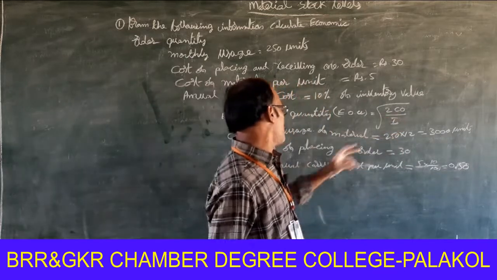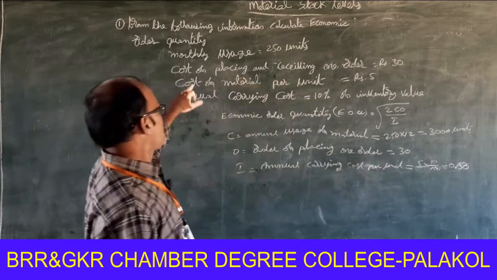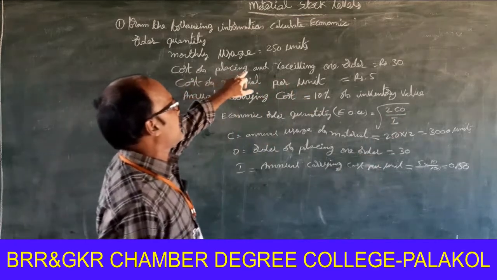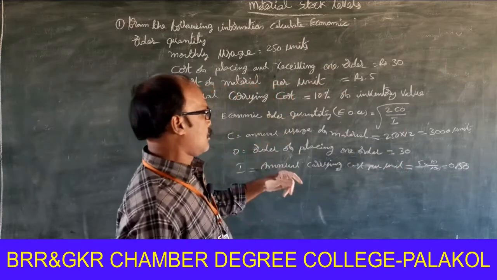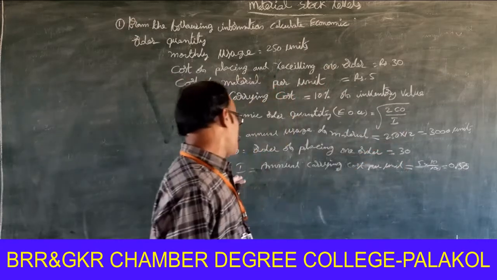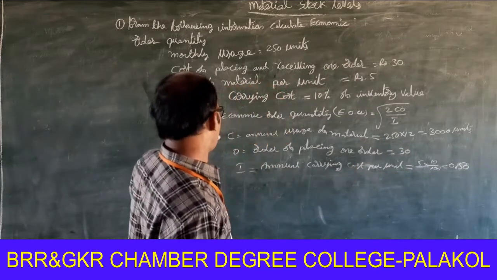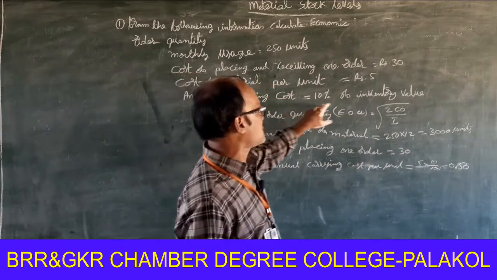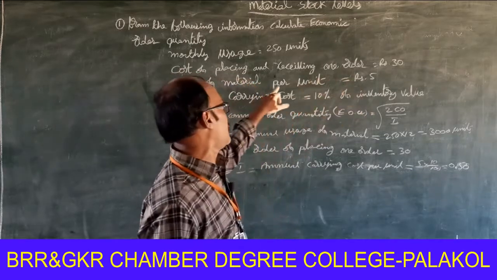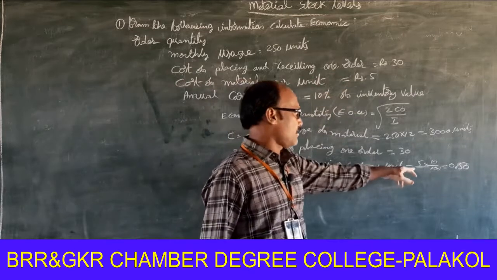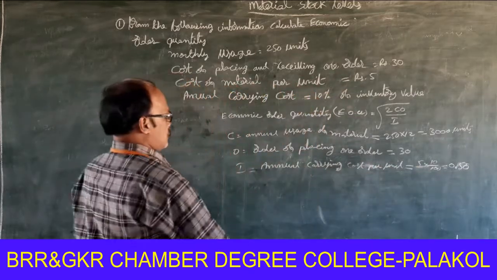O is the cost of placing one order, 30 rupees. I is the annual carrying cost per unit, 10% of inventory value. What is the inventory value here? 5. So 5 into 10 by 100 is equal to 0.50.